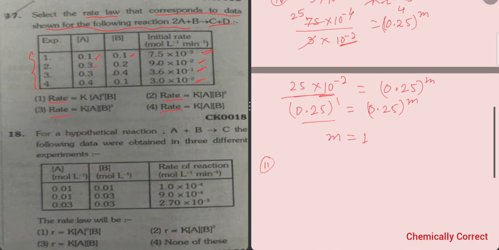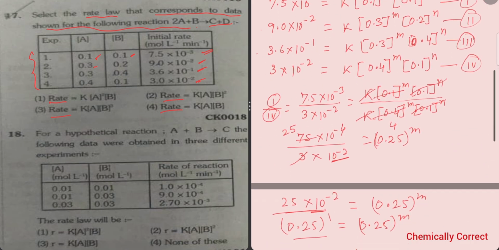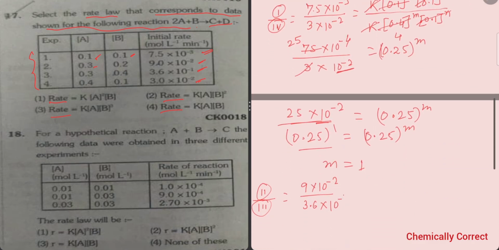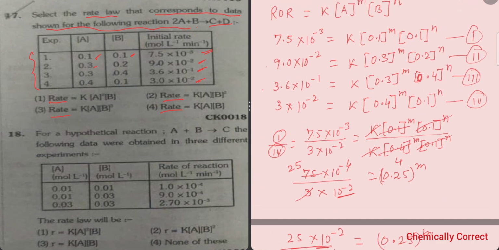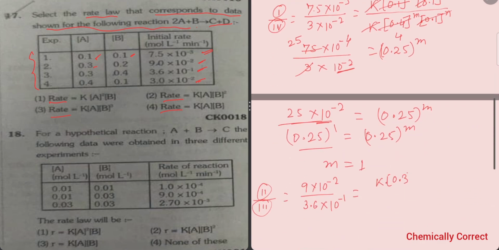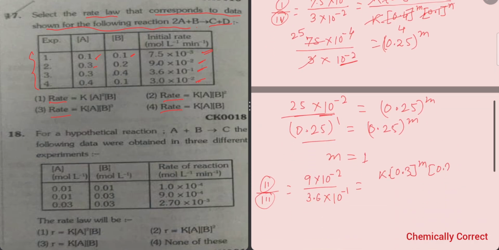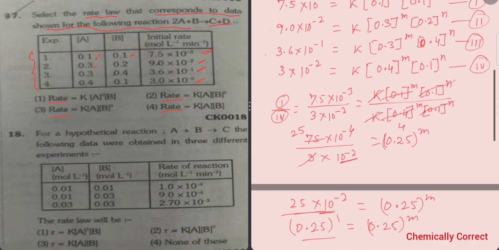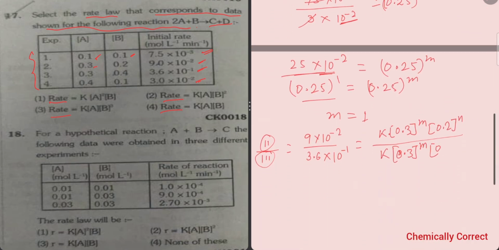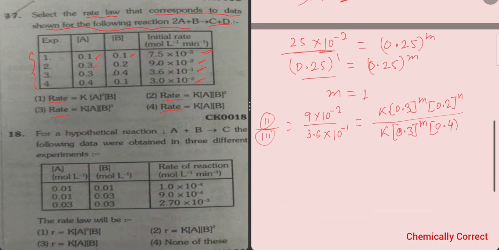The second equation is 9 into 10 raised to the power minus 2, divided by 3.6 into 10 raised to the power minus 1, equal to k into 0.3 raised to the power m and 0.2 raised to the power n, divided by the third equation, k into 0.3 raised to the power m and 0.4 raised to the power n.